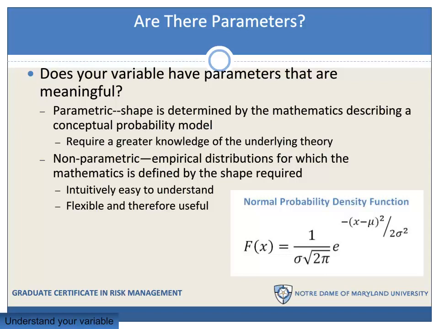And if that hurts your head, I say that would make you very, very normal. It's confusing, and so you just have to focus, take your time working through this. The non-parametric distributions that we'll use, they're intuitively easy to understand, they're flexible, they're very useful because they're not bound by mathematical formulas that are describing the natural universe.